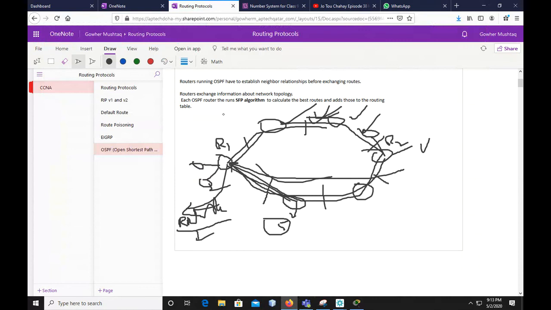It does not increase the chances; there are fewer chances. The chance of a routing loop occurring is minimal because every router knows the network topology, not just the routing table. That is unlike RIP. In link state routing protocols, there are fewer chances of loops.